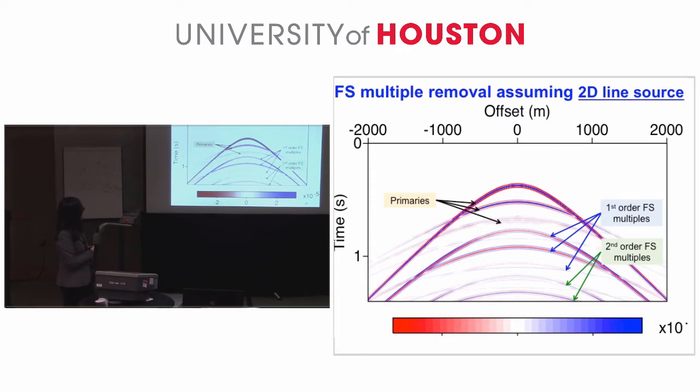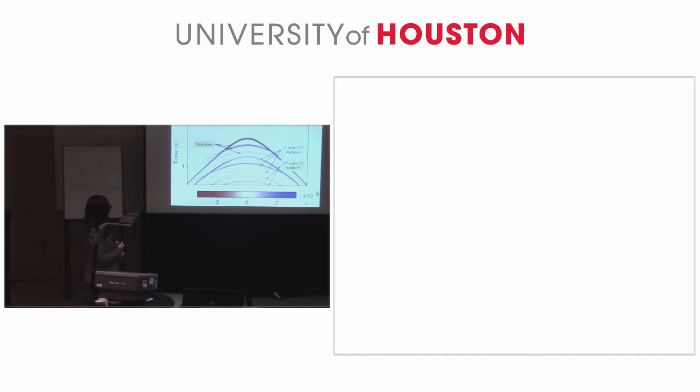And this figure shows you the free surface multiple removal result, assuming a 2D line source, which mismatches the source dimension in your data. When we flip back and forth, we can hardly see any reduction of the free surface multiples. In other words, serious free surface multiple residuals exist in your output data after the subtraction.